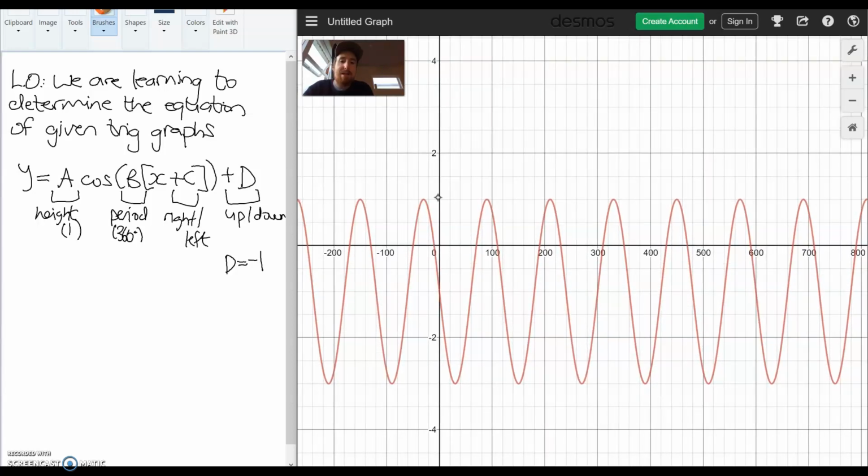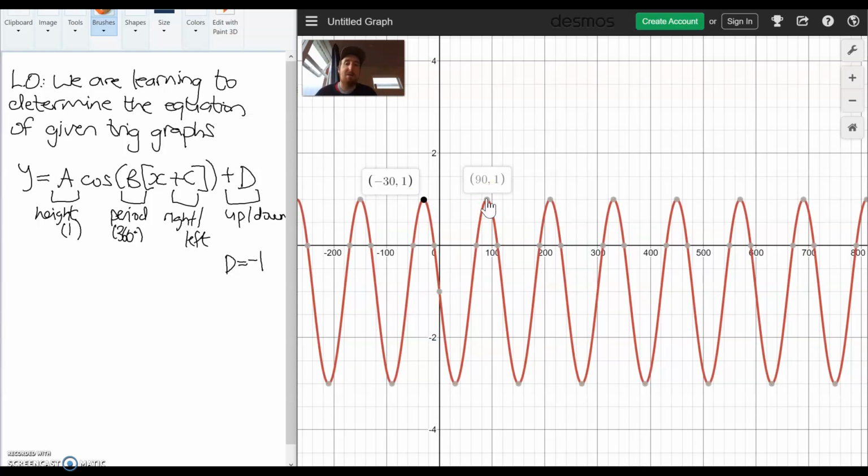What's happened is it's either been moved left by the looks of it 30 degrees, or alternatively, it could have been moved right to 90 degrees. You're allowed to use either of those numbers, but let's try to deal with the standard range between 0 and 360 degrees. So in my view, the better answer would be the move to the right by 90 degrees. But if you went the other way, that would also be correct.